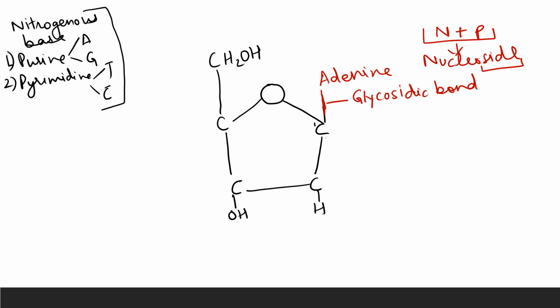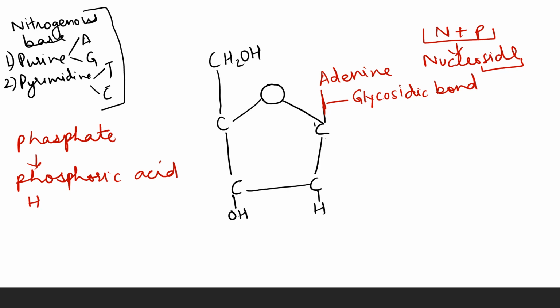Now let's talk about the third thing. The third thing we need to complete the structure of a DNA monomer, that is nucleotide, is a phosphate, right? So we need phosphate. So first, phosphate is what? That is a phosphoric acid. Basically it is phosphoric acid. What is phosphoric acid?